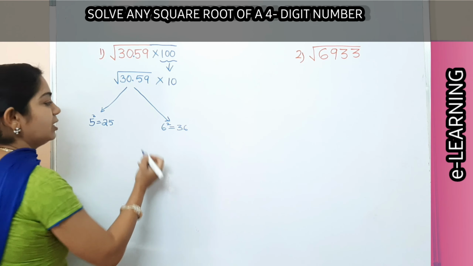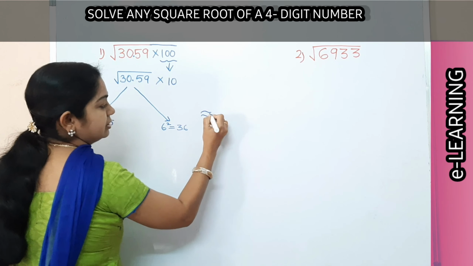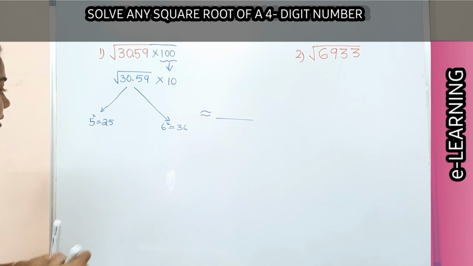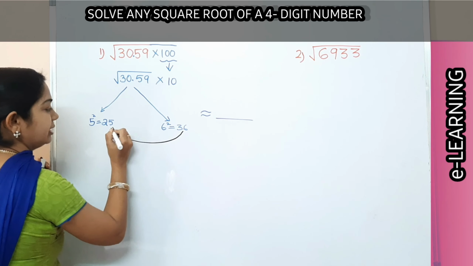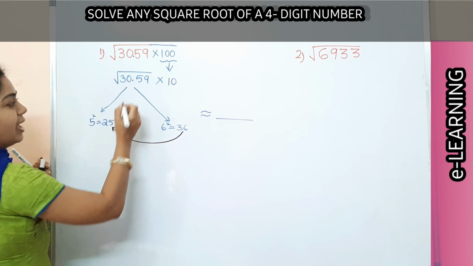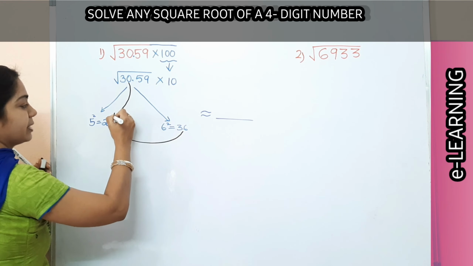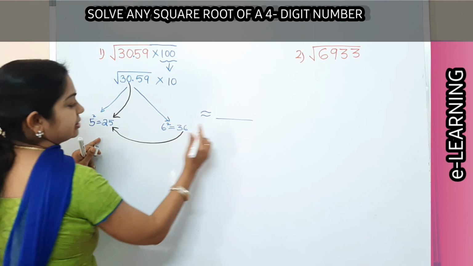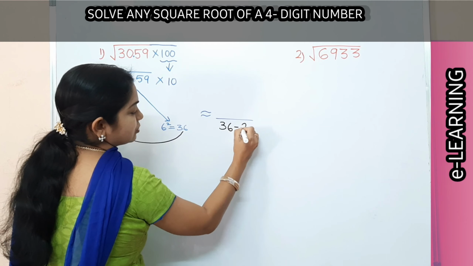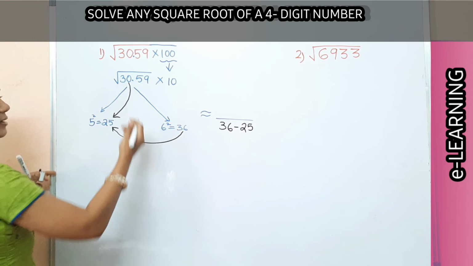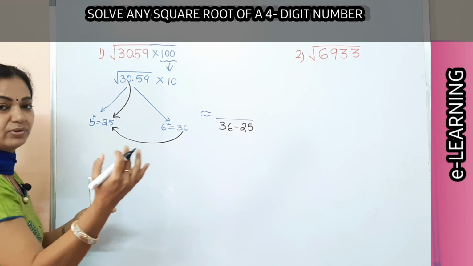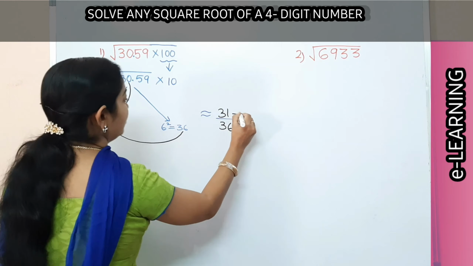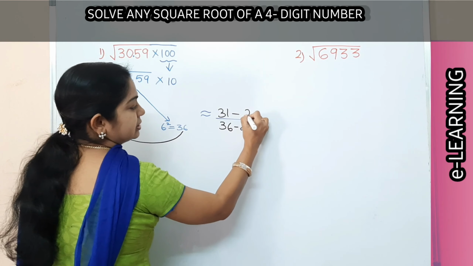Now we can make an approximation. When you calculate this, the denominator is the subtraction of these two and the numerator is the subtraction of these two. Let's write the denominator as 36 minus 25 simply, and 30.59 you can round to 31, so 31 minus 25 simply.